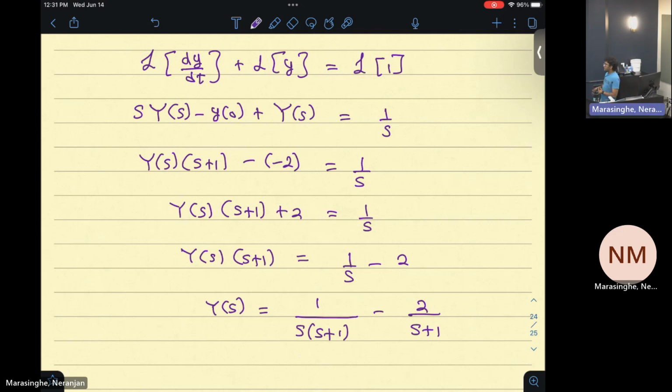Now the second term is okay. Try to find the partial fraction decomposition of the first term, 1 over s times (s + 1). Can you try to find the partial fraction decomposition of that?